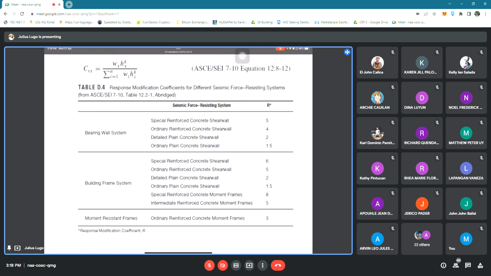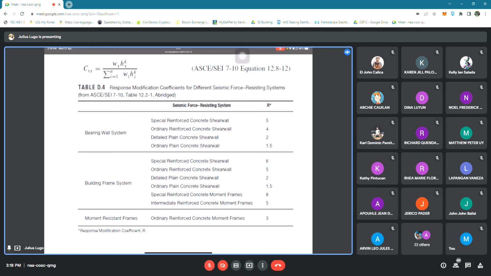Guys, how do you identify where our building falls? Will it fall under the bearing wall system? We already talked about the bearing wall system, the building frame system, and the moment resisting frames.